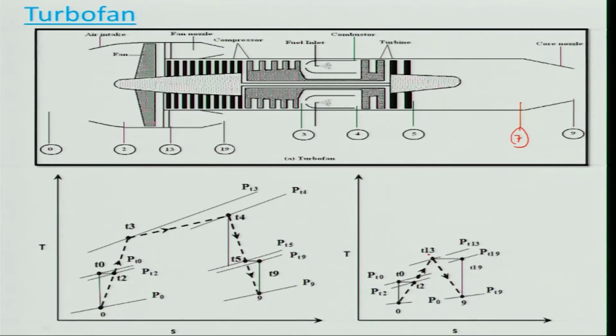And this is of course for the fan engine: 0 to 2 is your air intake, and 2 to 3 is your fan, and 13 to 19, this point is 19 basically, that is your fan nozzle. So, you should keep these station numbers in mind, because as you go along we will be solving and using these station numbers.